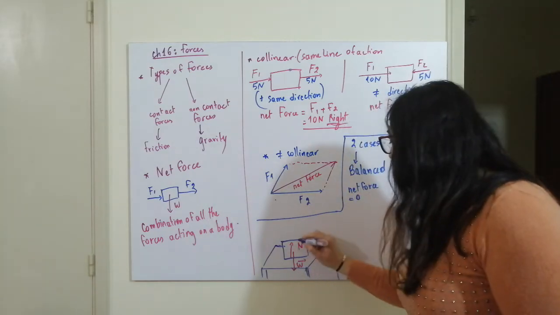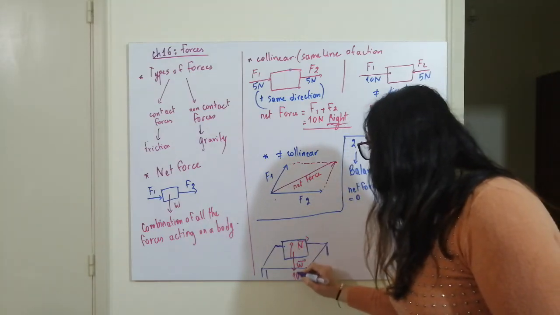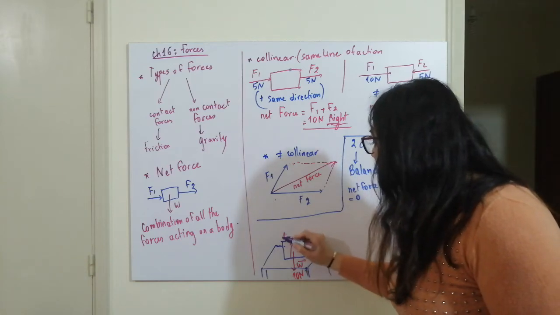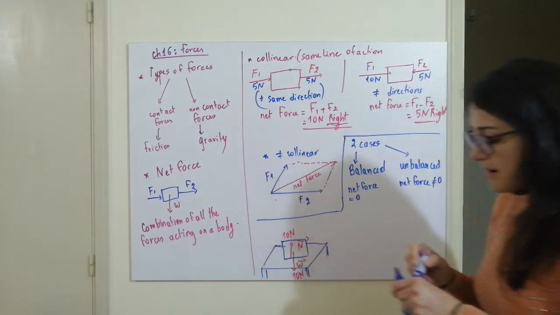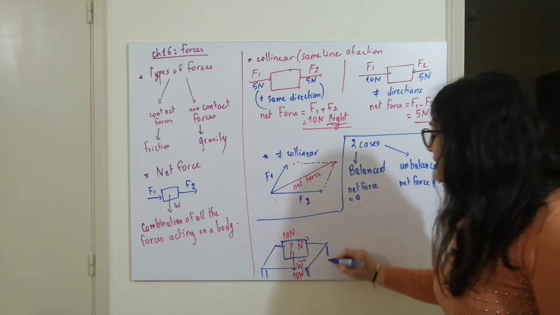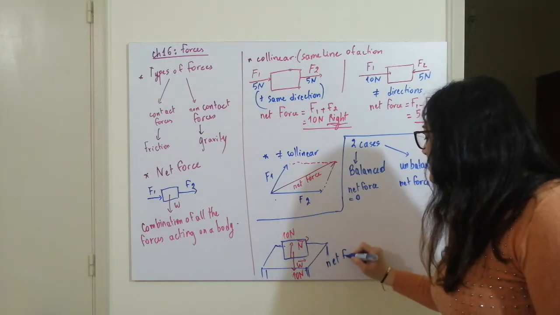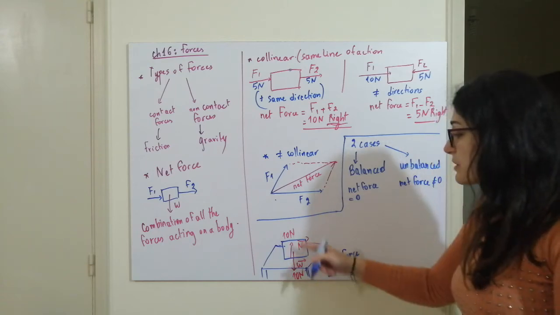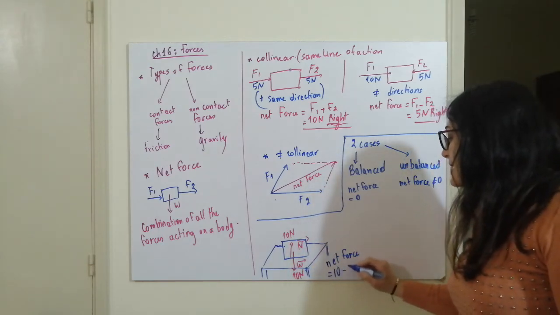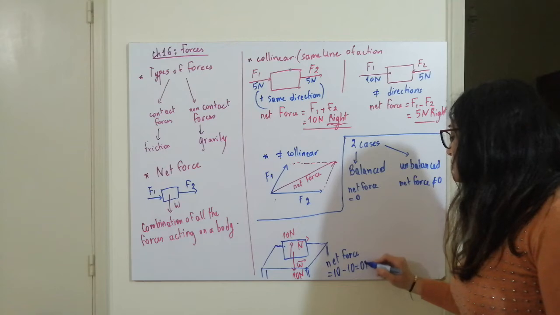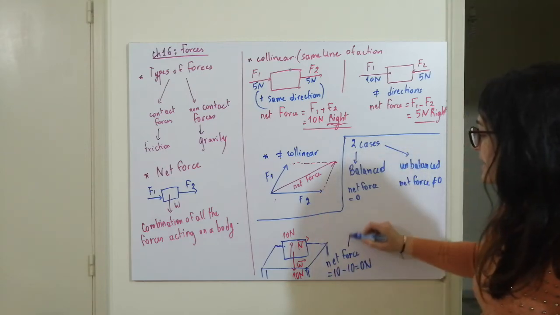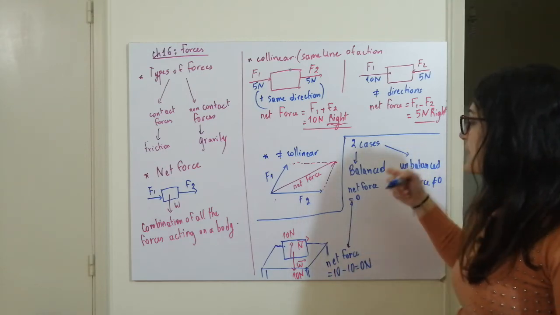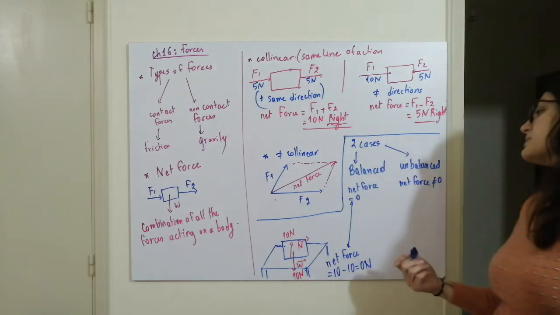If W equals, let's say, 10 Newtons down, and N is equal to 10 Newtons up, in this case, they have different directions, so we have to subtract them. It's 10 minus 10, you get 0 Newton. When the net force is equal to 0 Newton, we say that I have balanced forces.